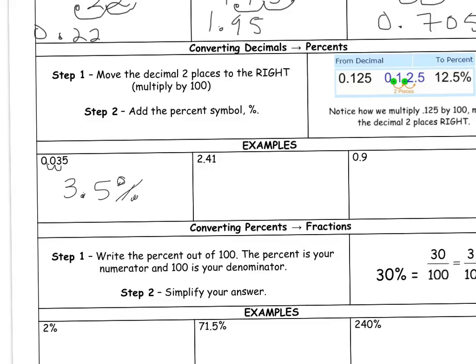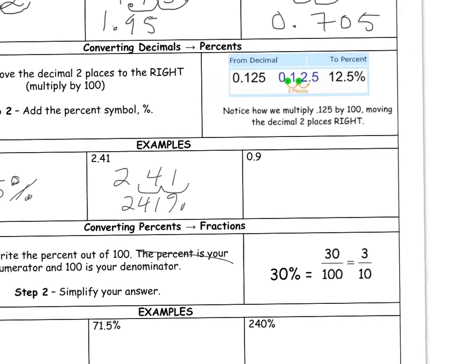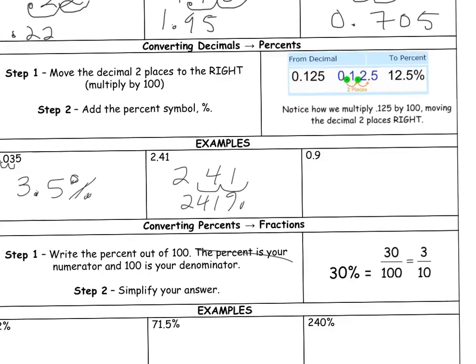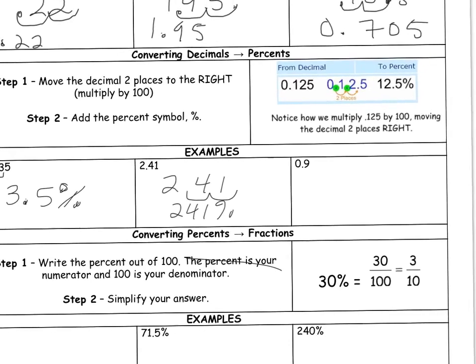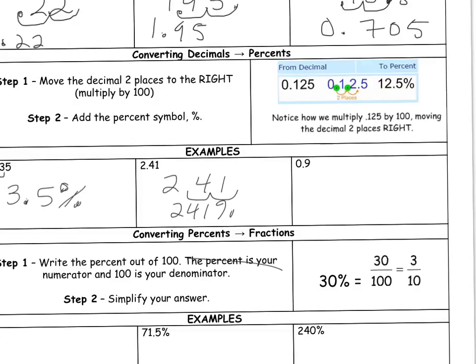Again, I'm going to move my decimal 2 places to the right and then add the percent sign. So now I have 241%. And then lastly, I have 9/10. So here we go. Here's my decimal point right here. Move it 1, 2. And 9/10 equals 90%.